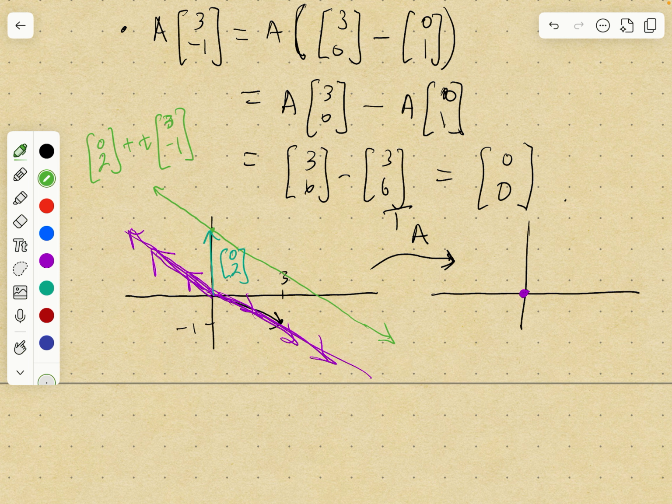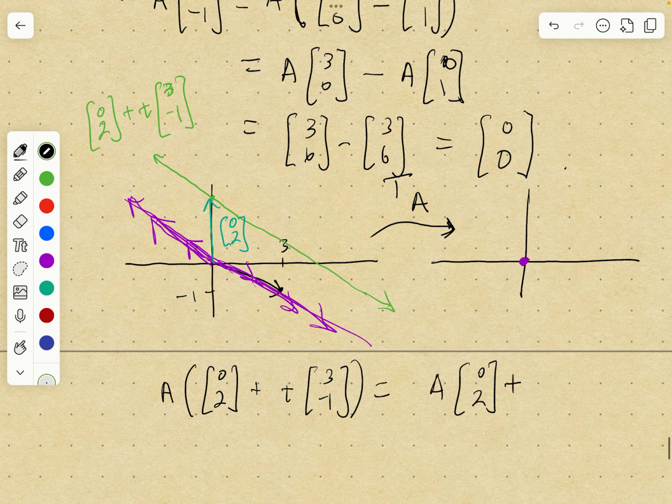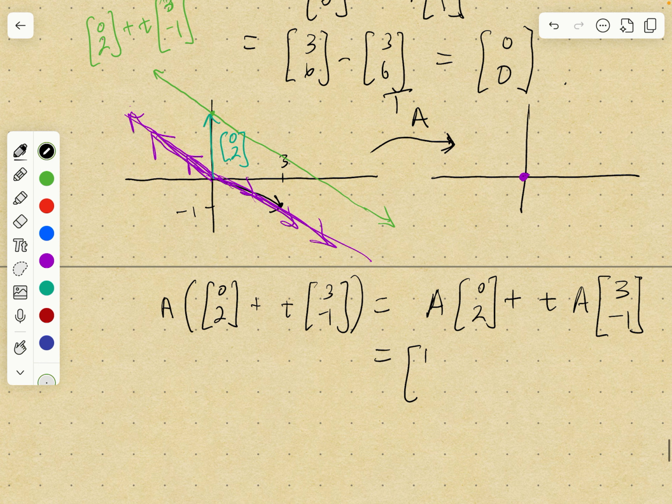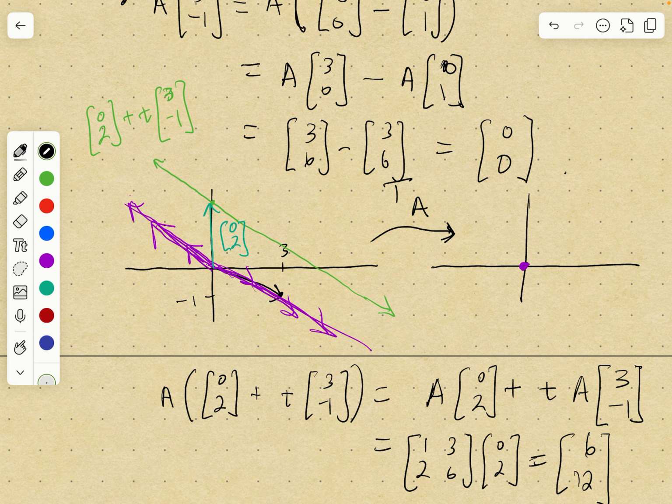Well, A times any point on this line is going to be A times 0, 2 plus, by the linearity, t times A times 3, negative 1. But I know that A times 3, negative 1 is the 0 vector, and so I'm just going to get A times 0, 2, which is the vector 6, 12. So this entire green line is going to go to the vector 6, 12, which is somewhere on here.